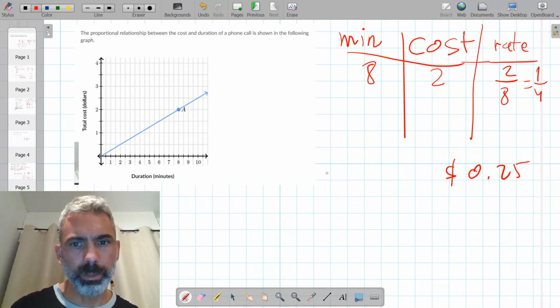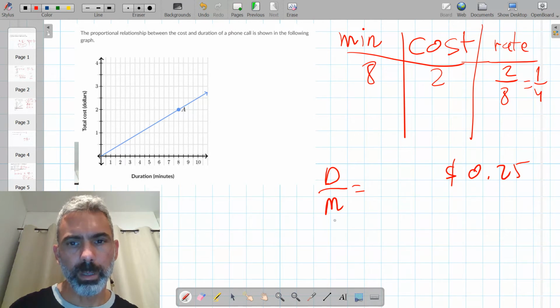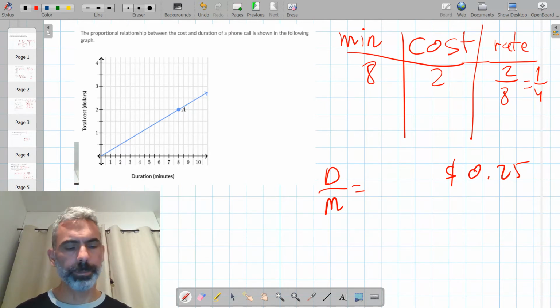Okay, dollars over minutes. So it's 25 cents per minute.